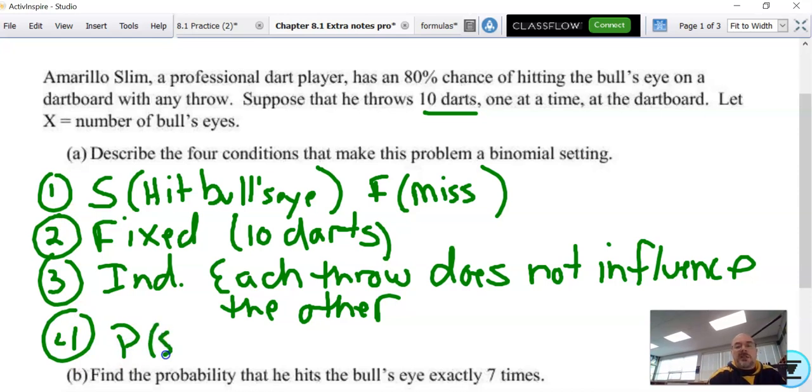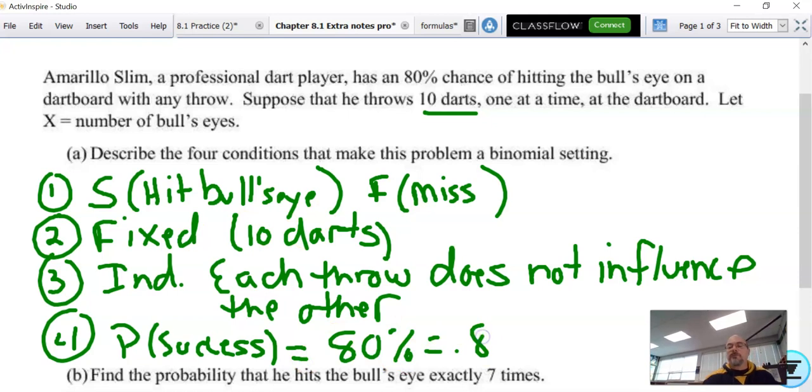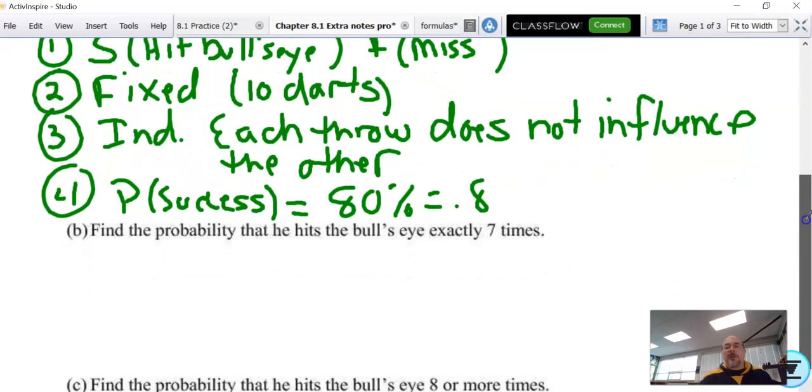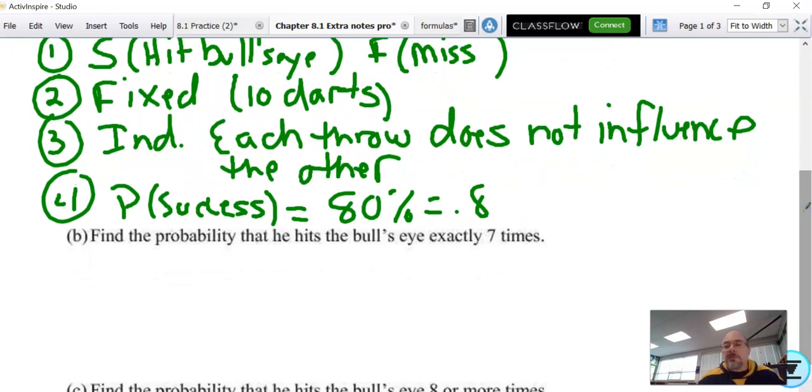Probability of success, ladies and gentlemen, in this case is always going to be 80% or 0.8. All right. So, what's the probability he hits the bullseye exactly 7 times.